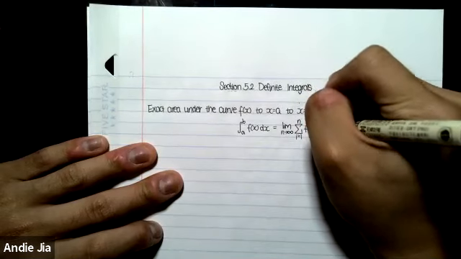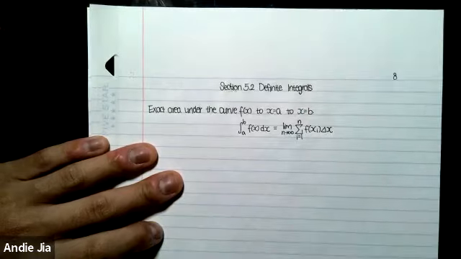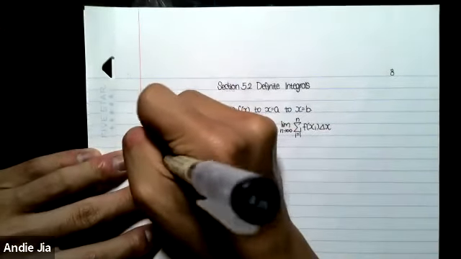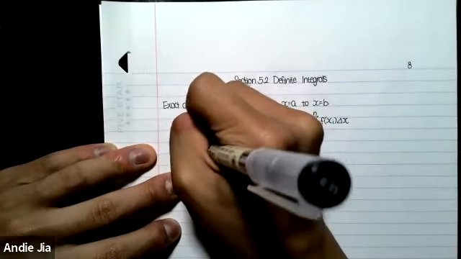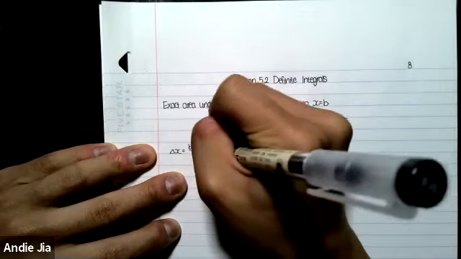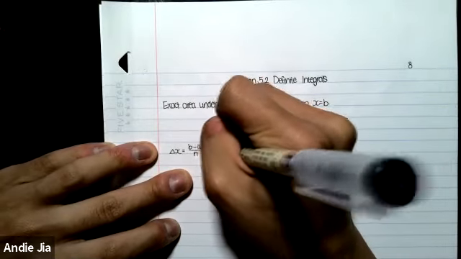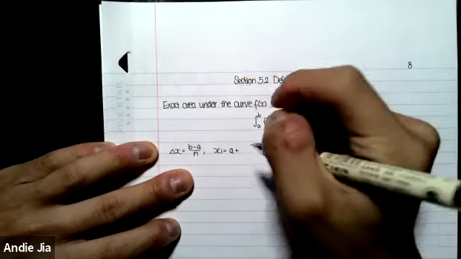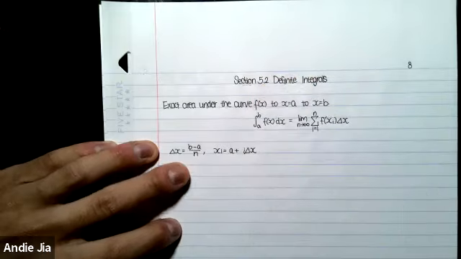What we have is f of xi times delta x, where delta x is b minus a over n, and xi is equal to a plus i times delta x.